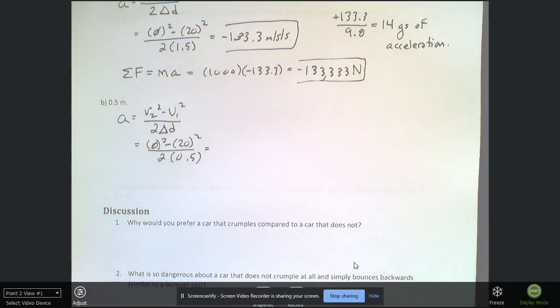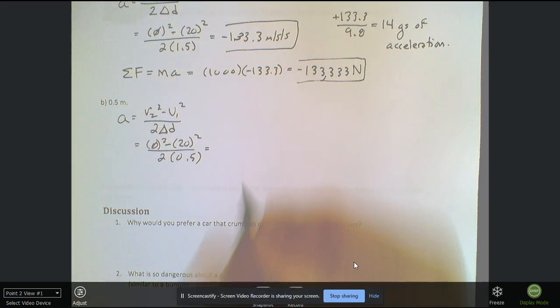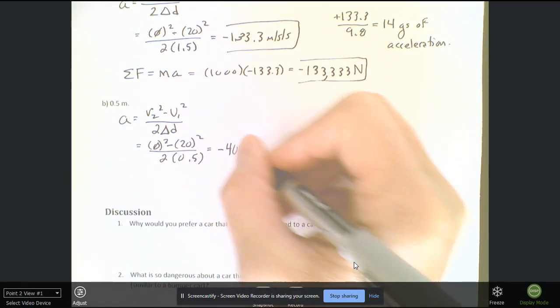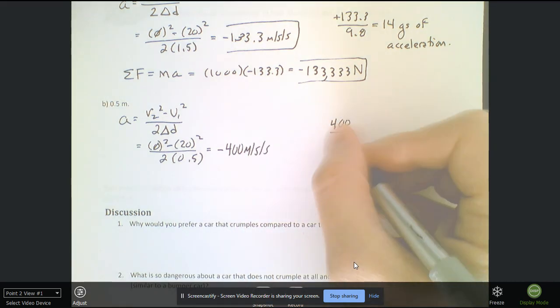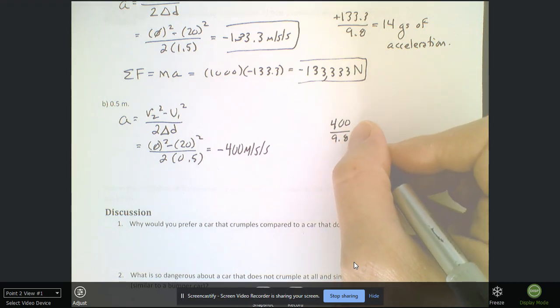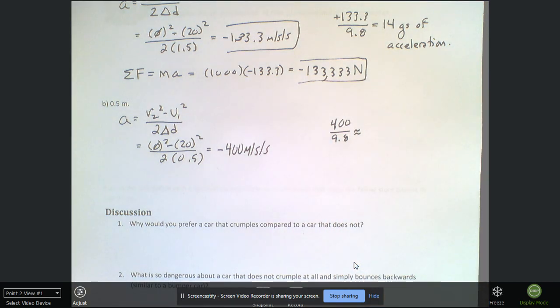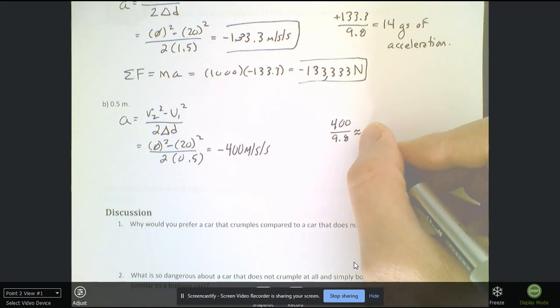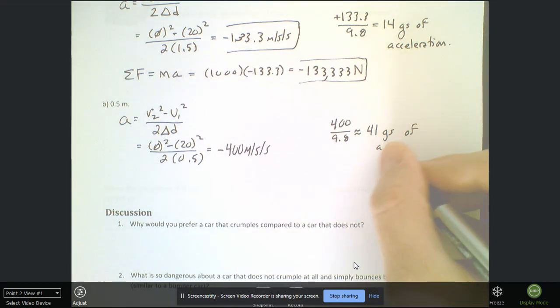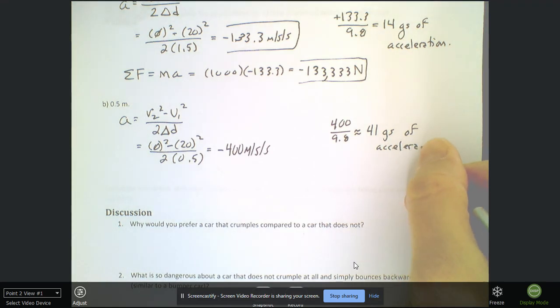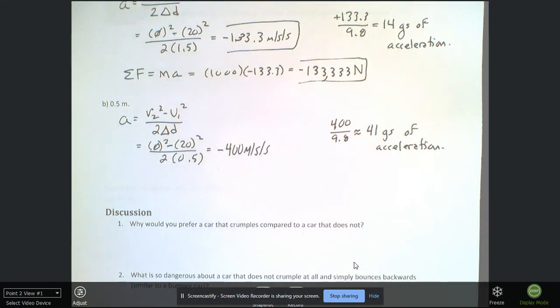So 400 divided by 2 divided by 0.5 is negative 400 meters per second squared. If we take that 400 divided by 9.8, we get about 41 G's of acceleration. 41 times the acceleration of gravity for that kind of impact.